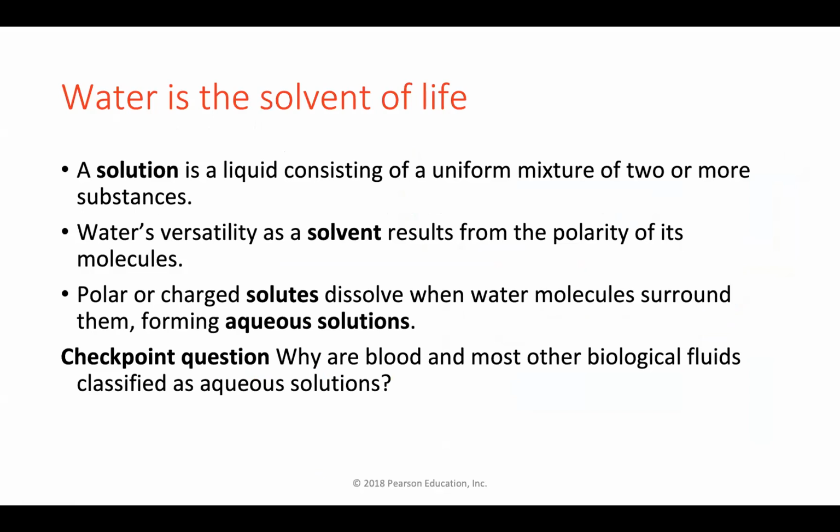A solvent is a substance that can dissolve other substances, right? Water is very versatile as a solvent. It's one of the most commonly used solvents, right? And solutions are made as a result of mixing two or more substances where water could potentially be the solvent.